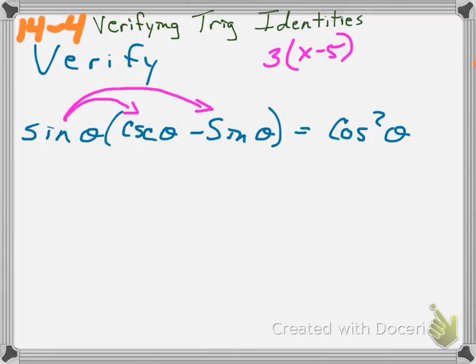So I'm going to take sine times cosecant minus sine times sine. Sine times cosecant: cosecant is, according to your Courtney-Pierce, 1 over sine. Sine times sine is sine squared.